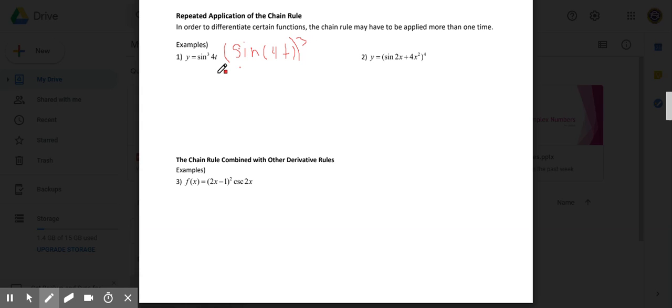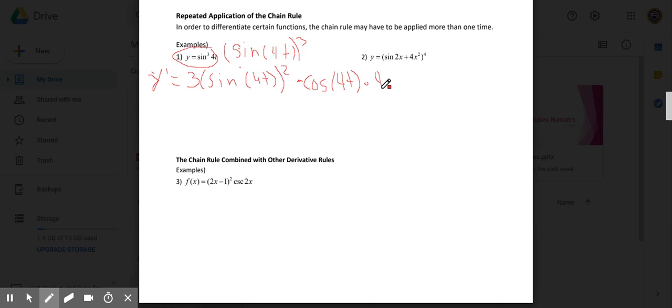So we will start with the outside function. So y prime equals 3, and then the inside, which is sine of 4t, squared, times the derivative of the inside. So the derivative of the inside is the derivative of sine, which is cosine of 4t, times the derivative of the inside of that, which is just 4.